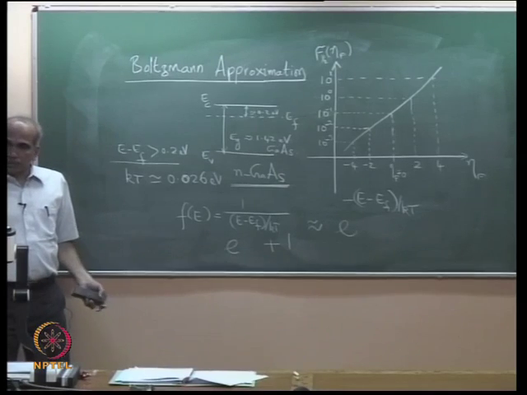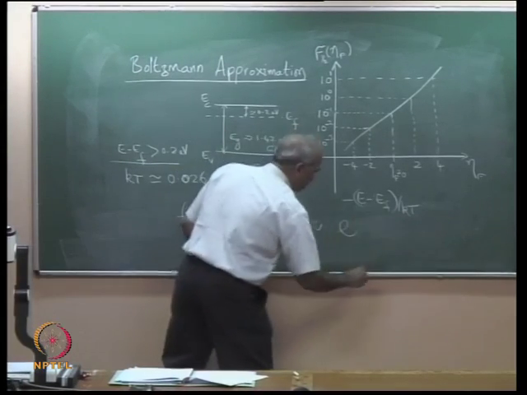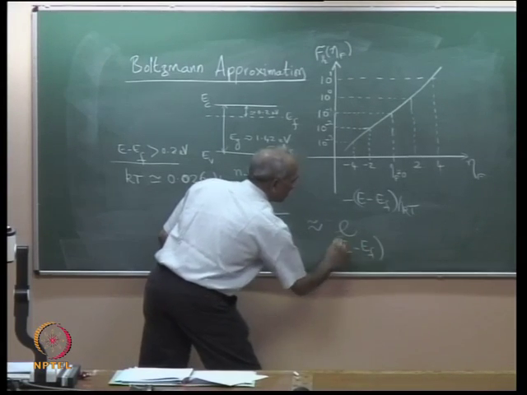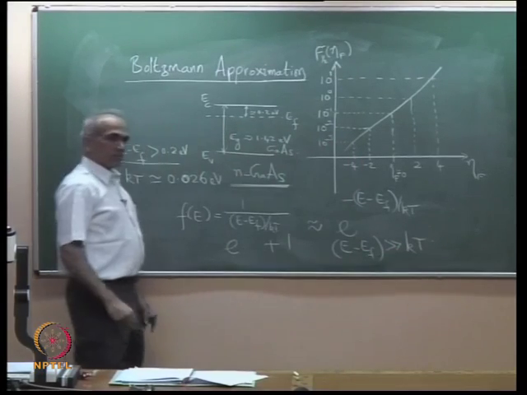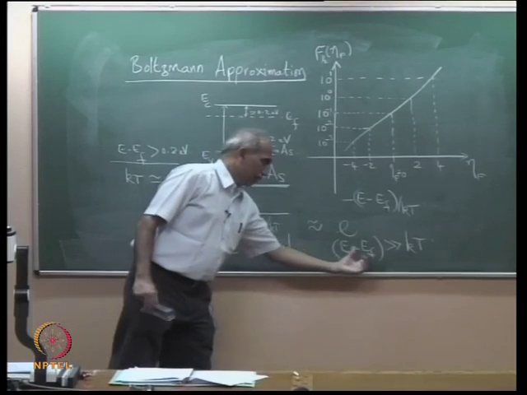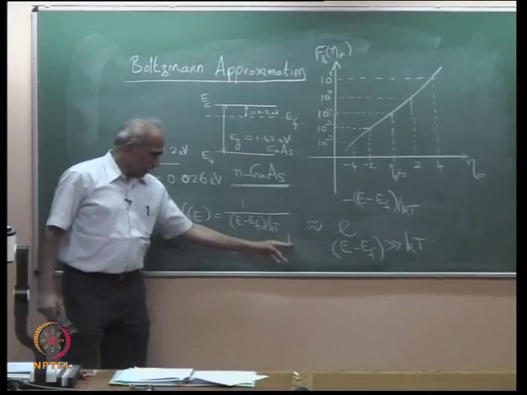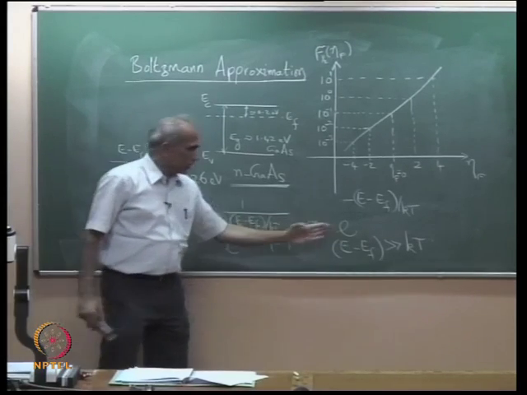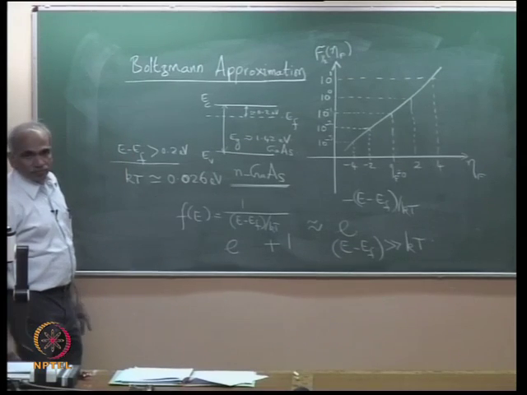This is the Boltzmann approximation. The Boltzmann approximation is valid when E minus EF is much greater than KT. When E minus EF is much greater than KT, then 1 is neglected in comparison to this number, and therefore we write this as approximately equal to e to the power minus (E minus EF) by KT.